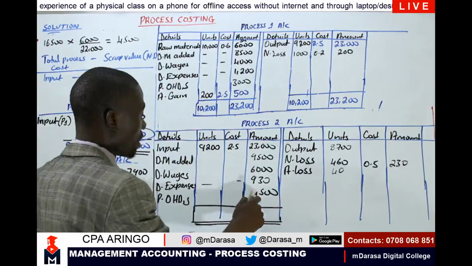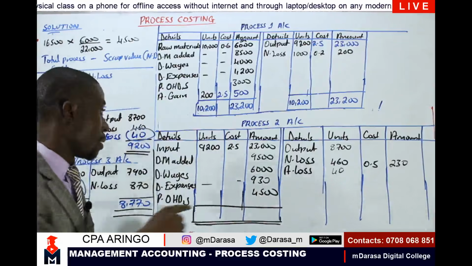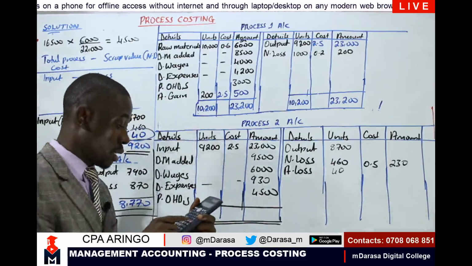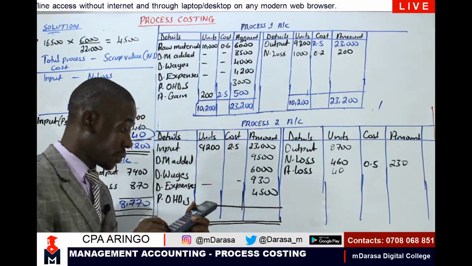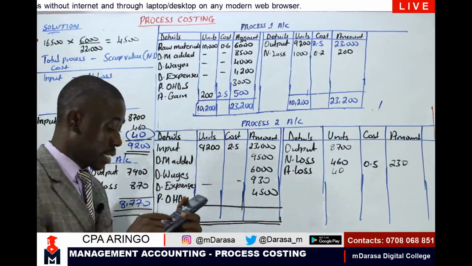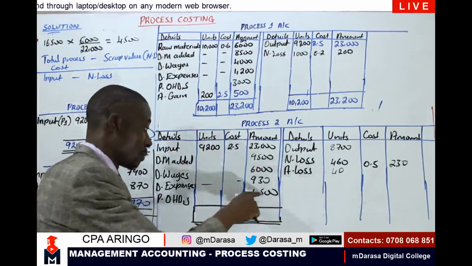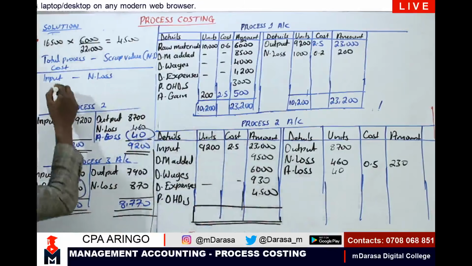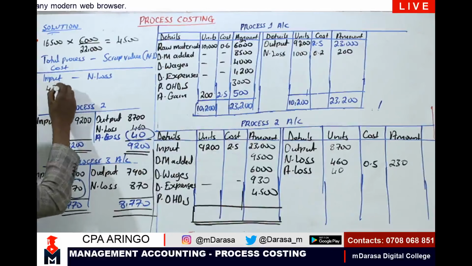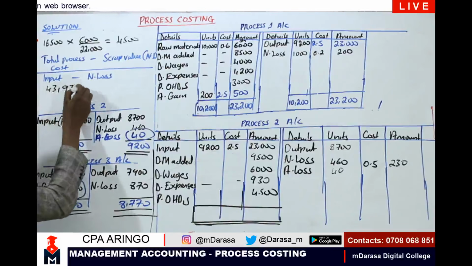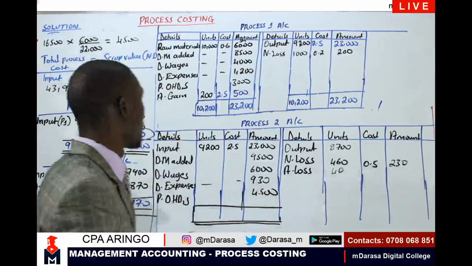We add up to this point. 23,000, plus 9,500, plus 6,000, plus 930, plus 4,500, to give us 43,930, minus scrap value 230.